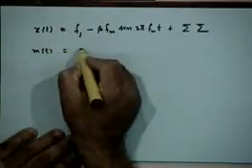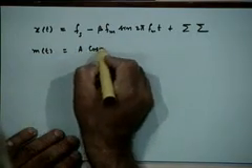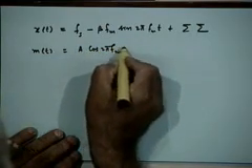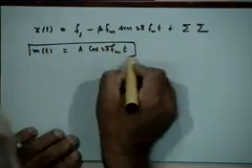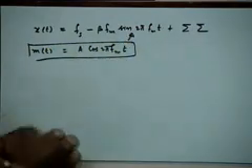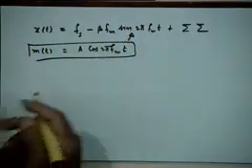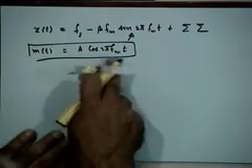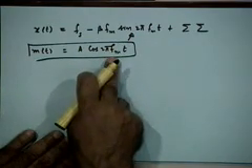Your message signal was A cosine 2 pi f m t. So what do you see? This term is not cosine 2 pi f m t, but its derivative actually, as you can see.